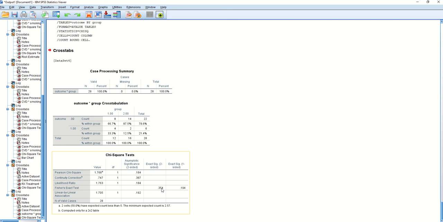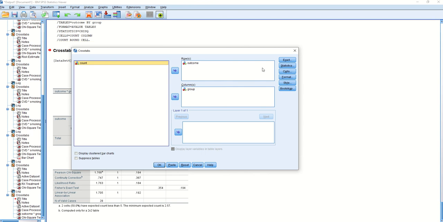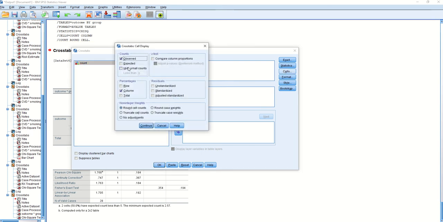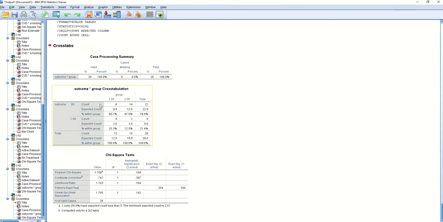The other thing is, if you're interested in knowing what the expected counts were, you can request that. So Analyze, Crosstabs, and inside the cells, request the expected counts. If you do that, then not only are you getting the count, but you're also getting the expected count.